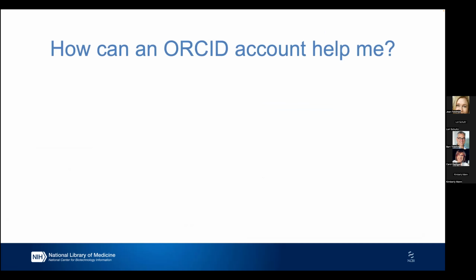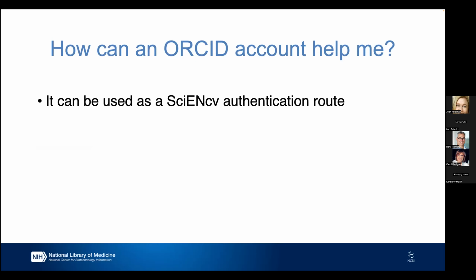We talked about ORCID and how that can be an assistance when you're using SciENcv to fill out these forms. As I mentioned, when we were looking at how to sign into SciENcv, ORCID can be used as an authentication route. If you already have an NSF account linked to SciENcv, you can add ORCID as an additional way to get in. Very handy.